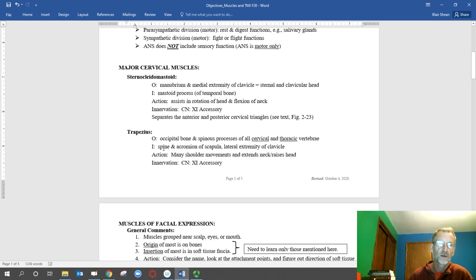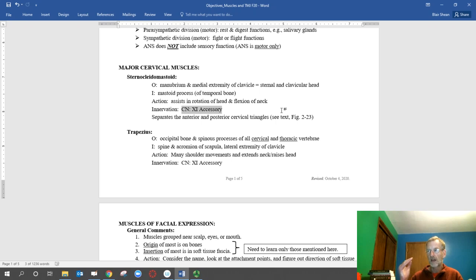So you notice, for example, under the SCM, there are the details of the origin, which we talked about, the insertion, the action, and I didn't talk about it then, but here it is now, the innervation. So which nerve innervates the sternocleidomastoid?